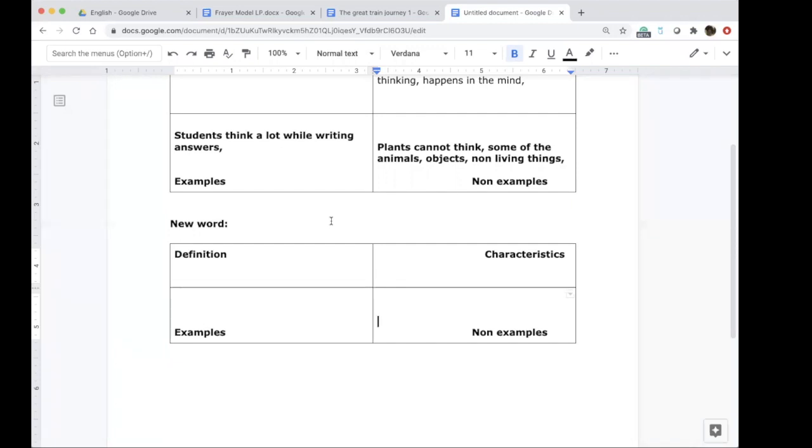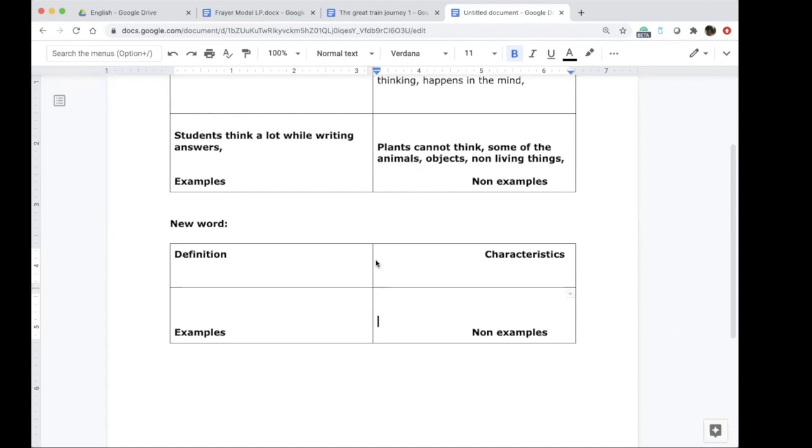For example, let's say if I don't know what musing means, can I come up with examples of the word musing? I cannot, right? So that's why it is very important to know the definition of the word first. Only if I know the definition, then I can think of characteristics, examples, and non-examples. Very good question.